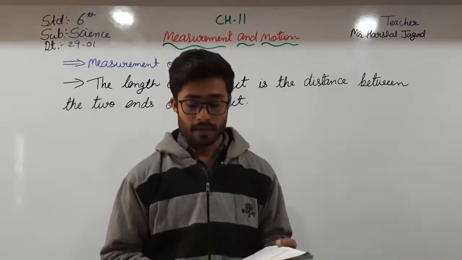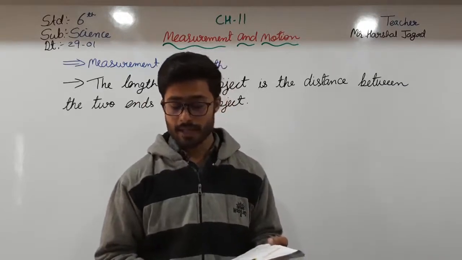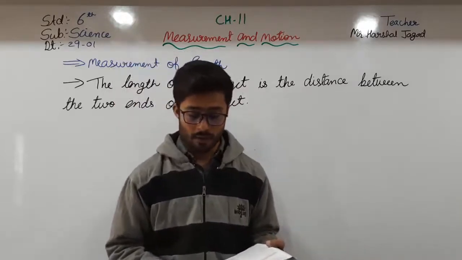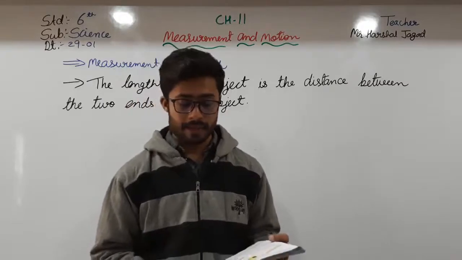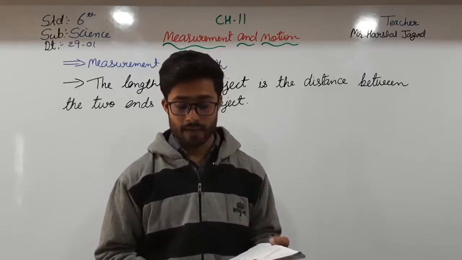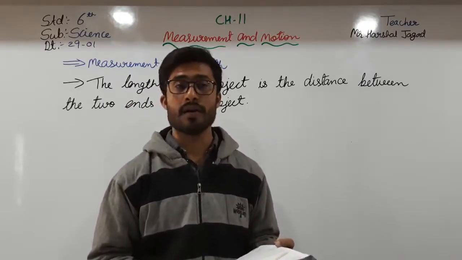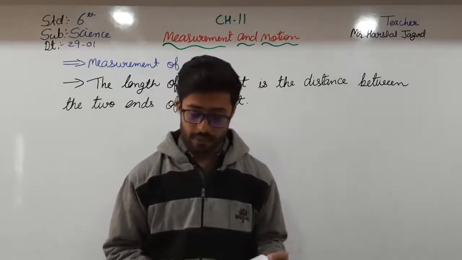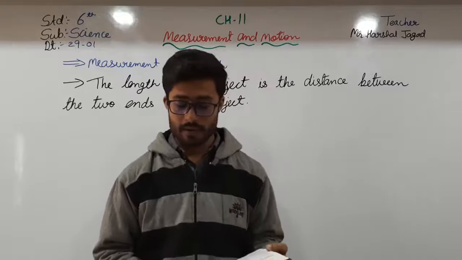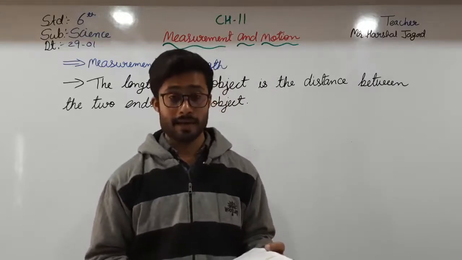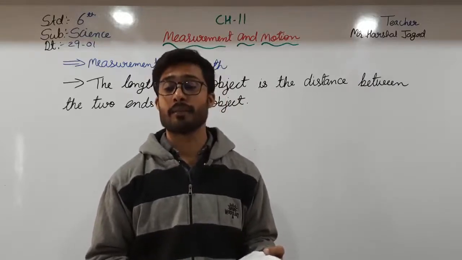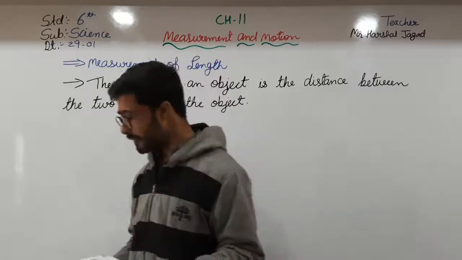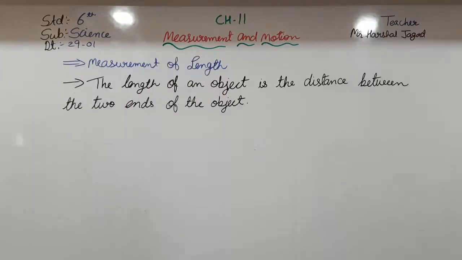Method: using the ruler for small objects and the measuring tape for bigger objects, measure the length of the objects you have collected. Make your friend stand against a wall and measure his or her height. Here you have to make a table as shown in the figure and fill in your instruments. Here pencil box, then I can write markers, then duster, then my pouch. Okay students, so this is to be measured.